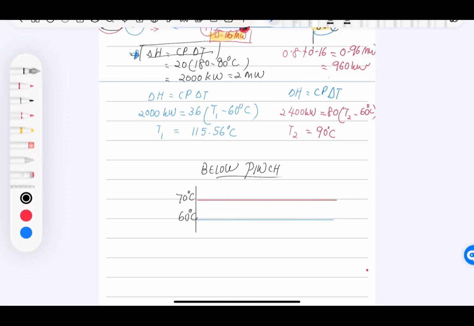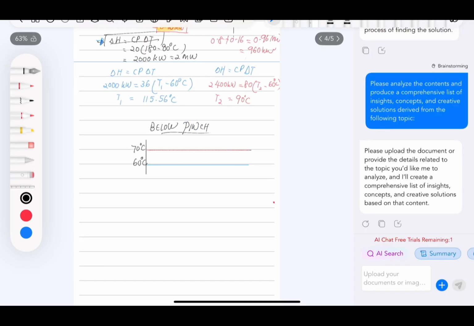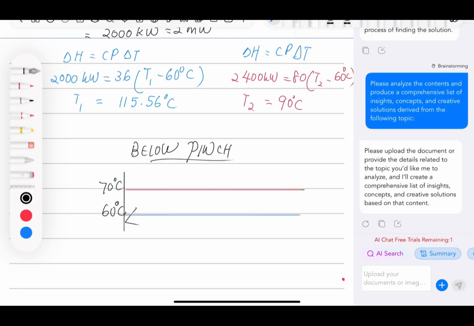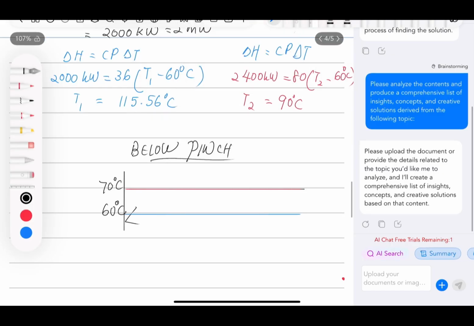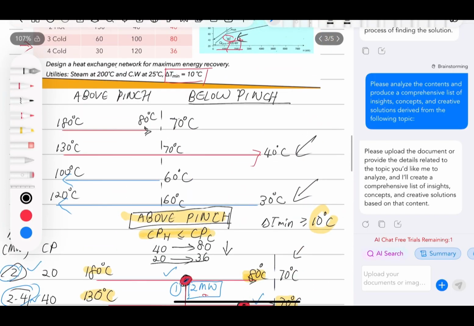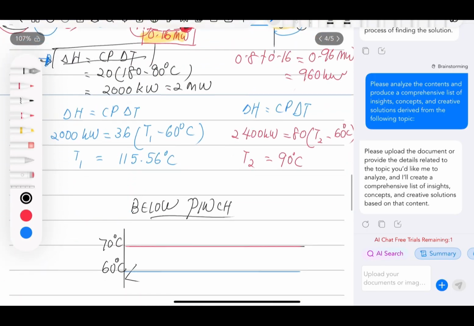So this is from 70 to, okay, never mind. So hot stream is from 70 to 40.